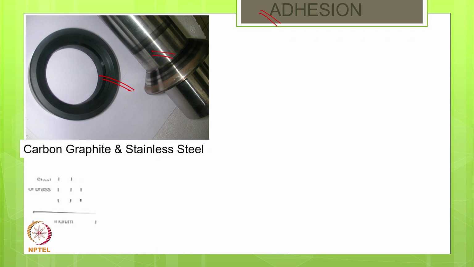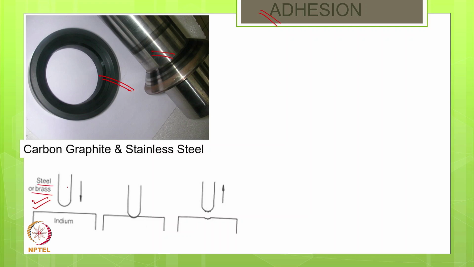So adhesive wear is that the softer surface will transfer one layer onto the opposite surface. The same thing was realized at the beginning itself: if a steel or brass pin is dipped into indium and then retracted back, we find some layer is getting transferred. So the indium layer transfers onto the opponent surface. This is adhesive wear.